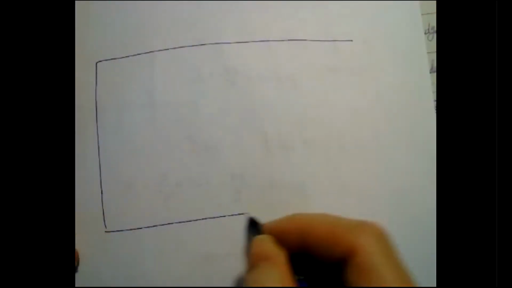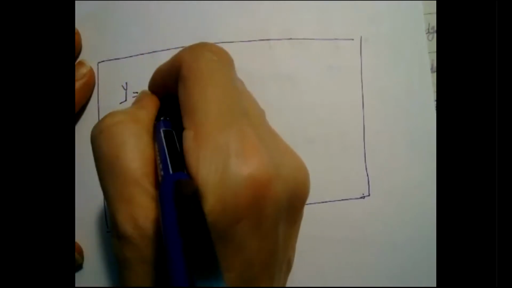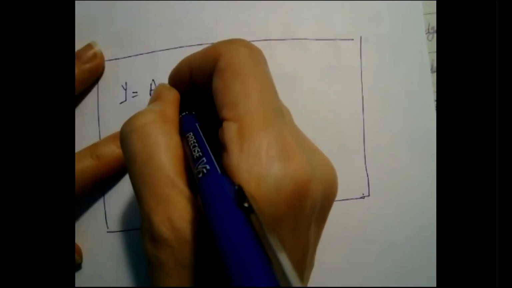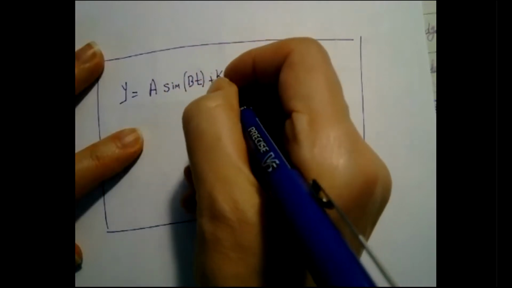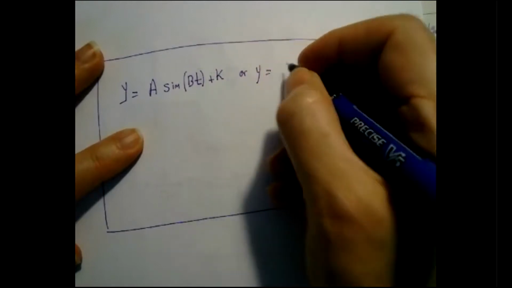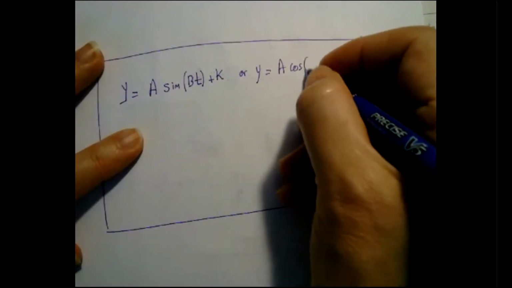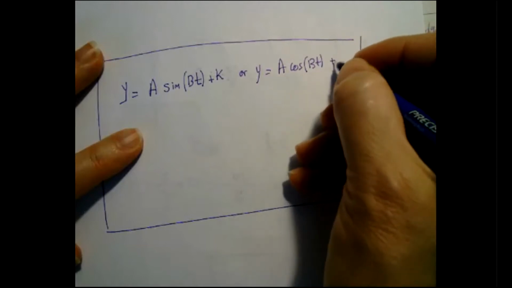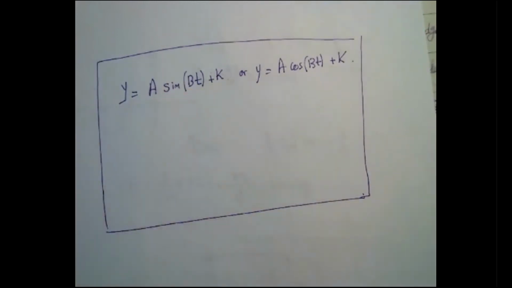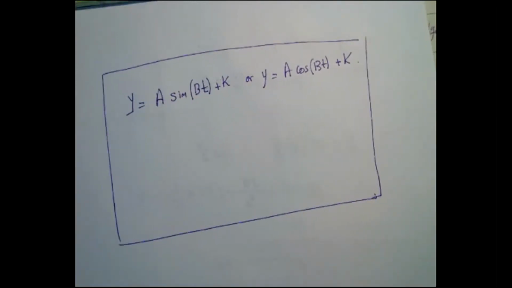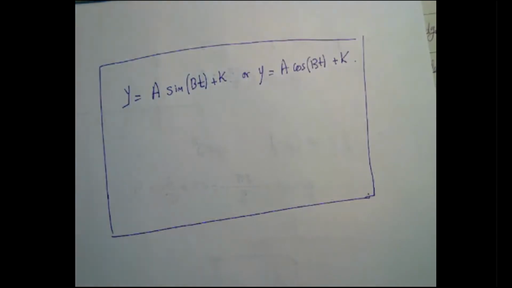Suppose I have a function that looks like this: y equals a sine of bt plus k, or y equals a cosine of bt plus k. I'm multiplying on the outside and on the inside, so we're putting everything we've learned together. This is the function.